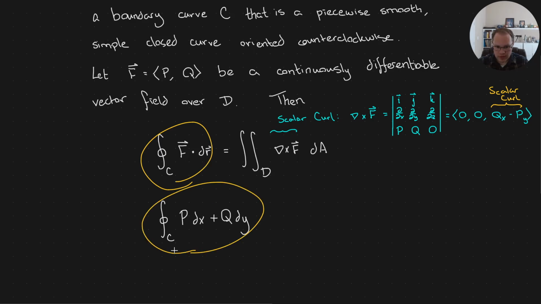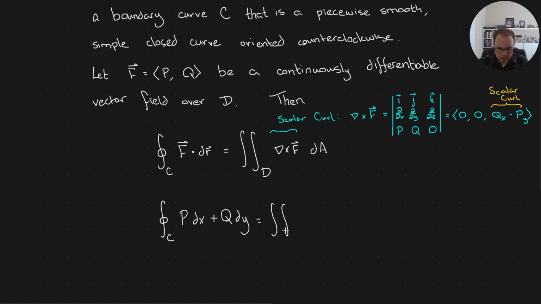That's an equivalent way to express the line integral. Or I could write it as the double integral over region D of the scalar curl of F, which would be Q_x minus P_y, integrated over the area. Okay, so these two statements mean exactly the same thing. We're just writing them a little bit differently.